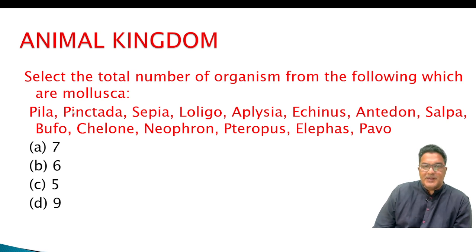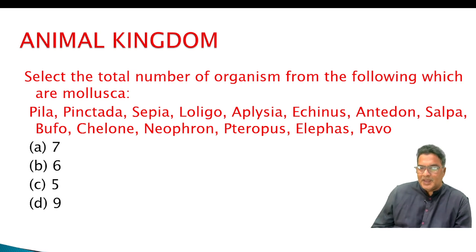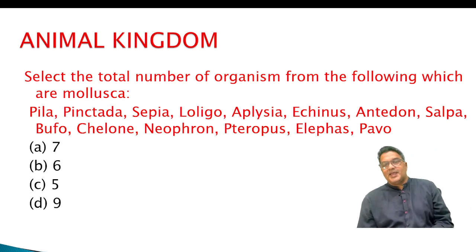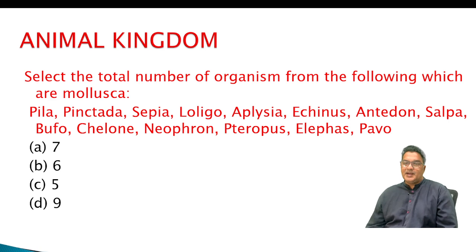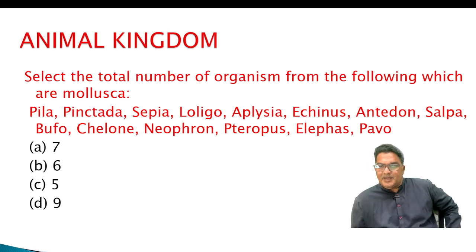So, the total number of organisms which are Mollusca. Pila, apple snail, phylum Mollusca. Pinctada, pearl oyster, Mollusca. Sepia, cuttlefish, Mollusca. Loligo, squid, Mollusca. Aplysia, sea hare, phylum Mollusca. Echinus, sea urchin, Echinodermata. Antedon, sea lily, Echinodermata. Salpa, Doliolum belong to subphylum Urochordata.